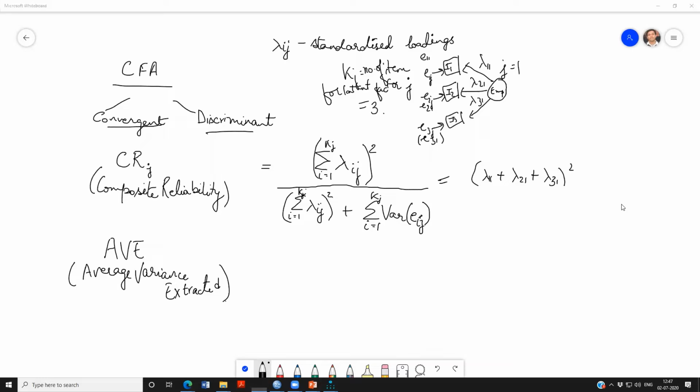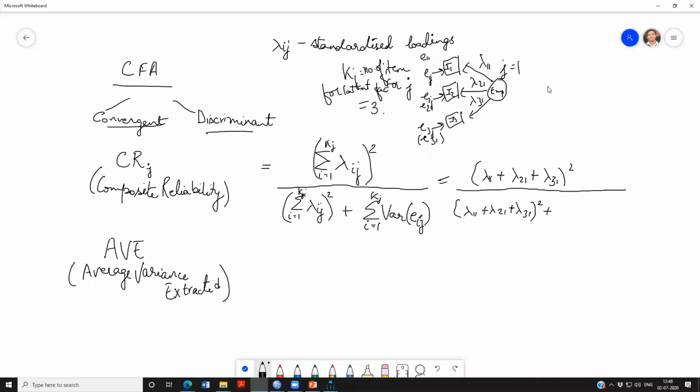Now this whole divided by, again the same sum, lambda 11 plus lambda 21 plus lambda 31, whole square, plus summation of variance of errors.